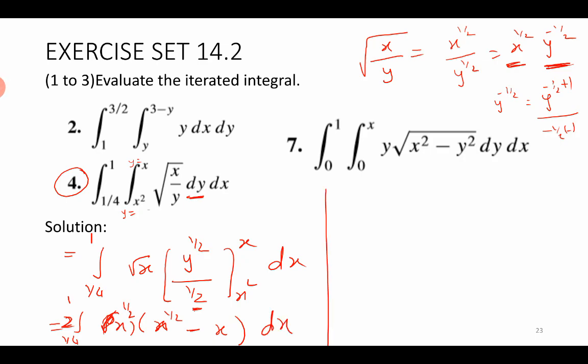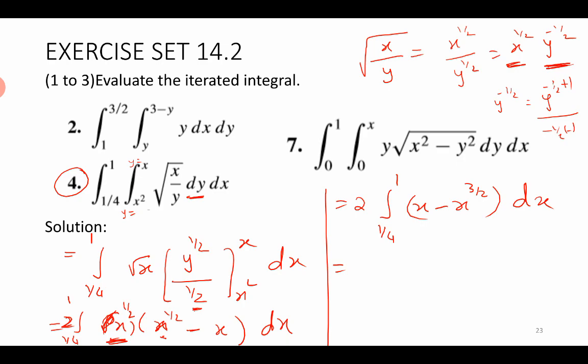The next step, multiply this x power half inside, so it will be 2 integral 1/4 to 1. When you multiply x power half inside, root x will be x minus x power 3 over 2 dx.